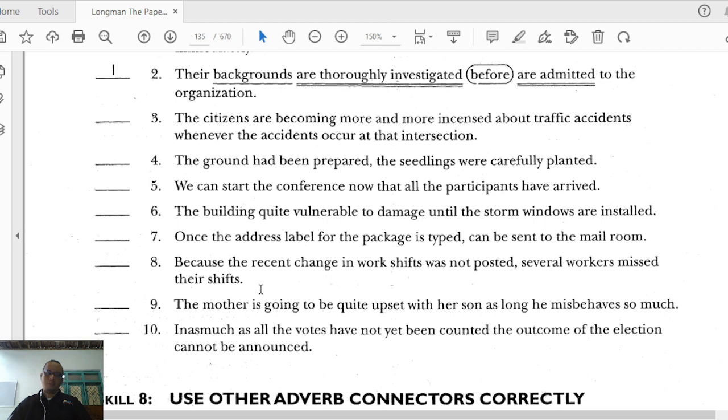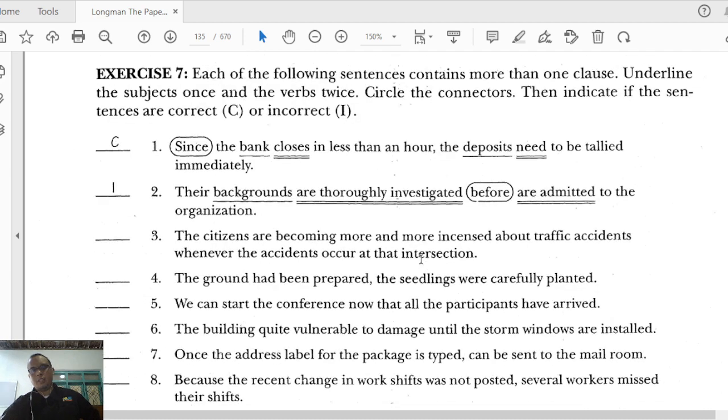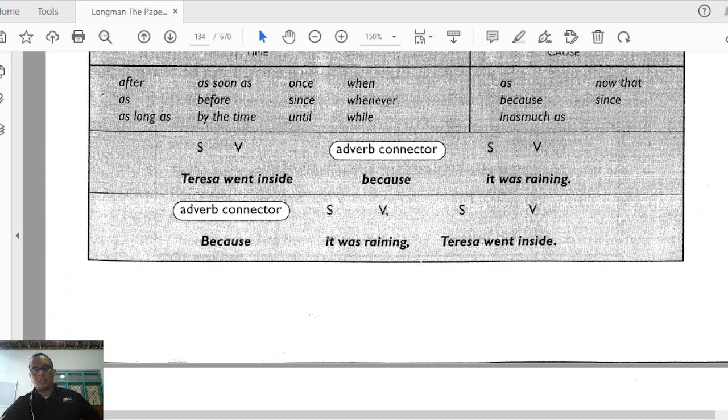Once the address label for the package is typed, so can be, other can be.